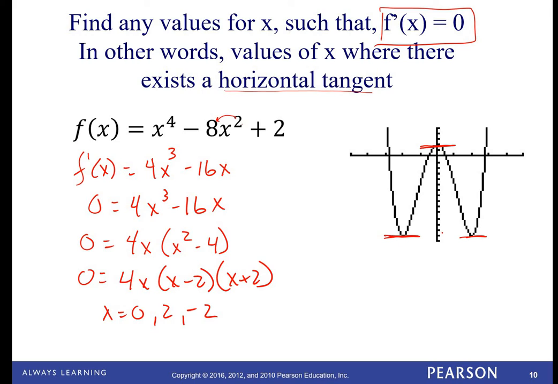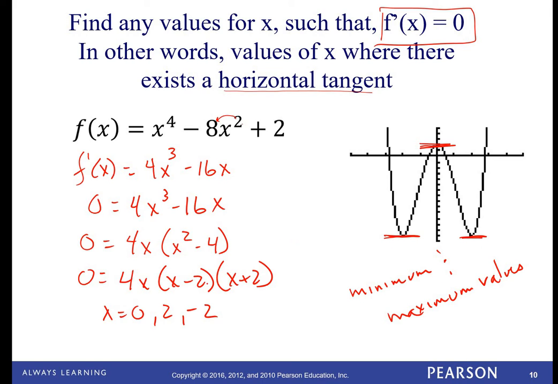We are also going to be able to use this tool to find out where the graph has minimum and maximum values. You can see that when I have a horizontal tangent, the graph is turning around.